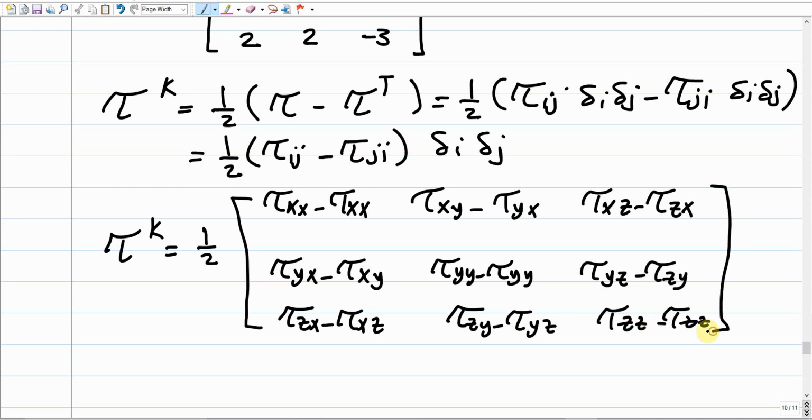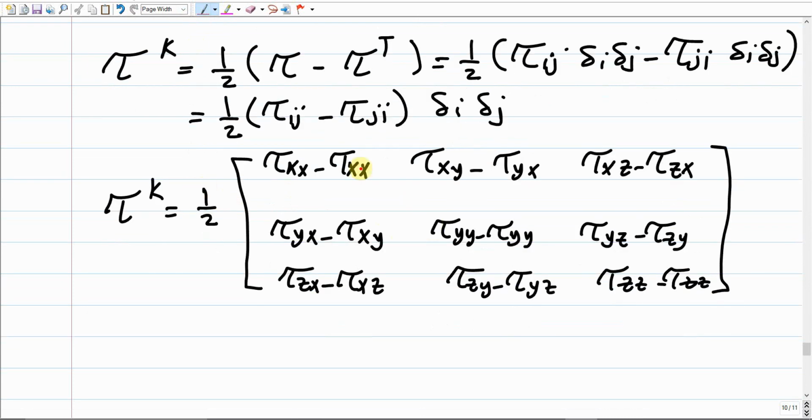This is going to give us the skew-symmetric tensor. It is clear that all the diagonal components of the skew-symmetric tensor are zeros, because tau xx negative tau xx equals 0, this one equals 0, this term equals 0.